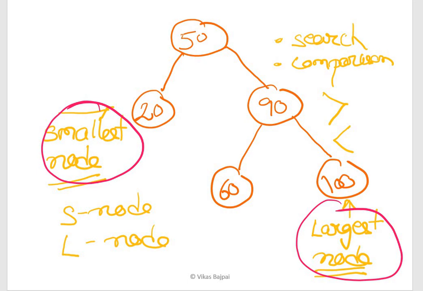Give it a try if you are not conversant, or if you are not able to, I'll write the algorithm once again, so let me know. I'll get back to you with videos on finding the smallest and the largest node.